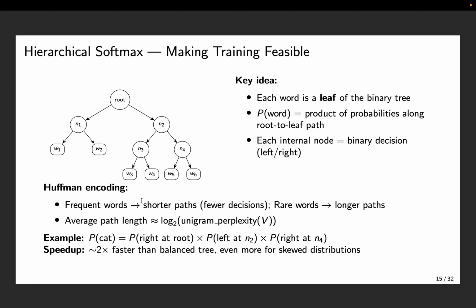The average path length ends up being approximately log 2 of the unigram perplexity of V. For a vocabulary of 1 million words, this is around 20 steps instead of 1 million. That's a 50,000x speedup for output computation, and the paper reports about a 2x speedup over even a balanced binary tree, because the Huffman coding takes advantage of the skewed word frequency distribution. This is one of the key engineering innovations that makes word2vec practical.